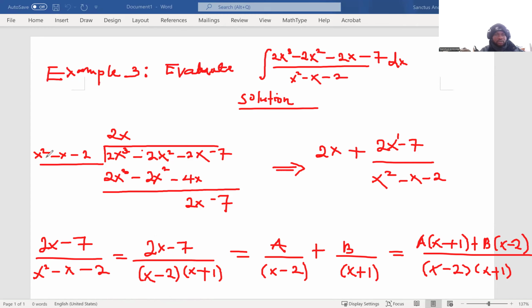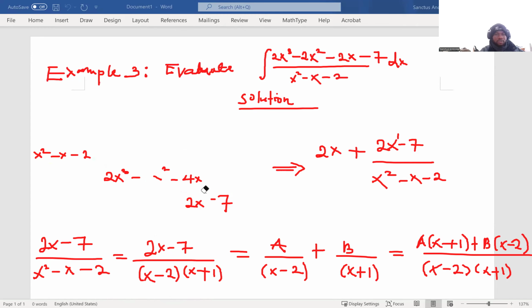So now we're going to find the value of A and B. But before we do that, we are going to collect like terms.